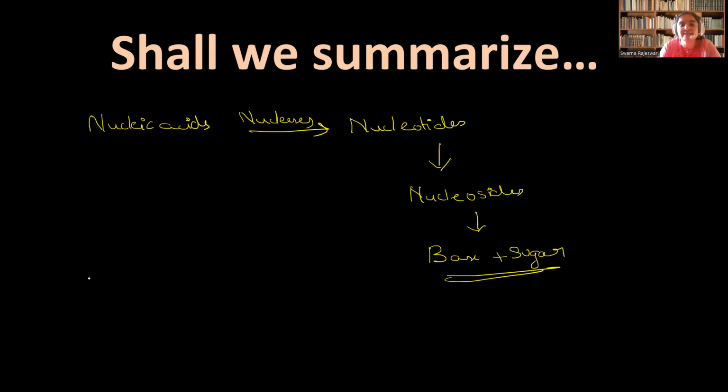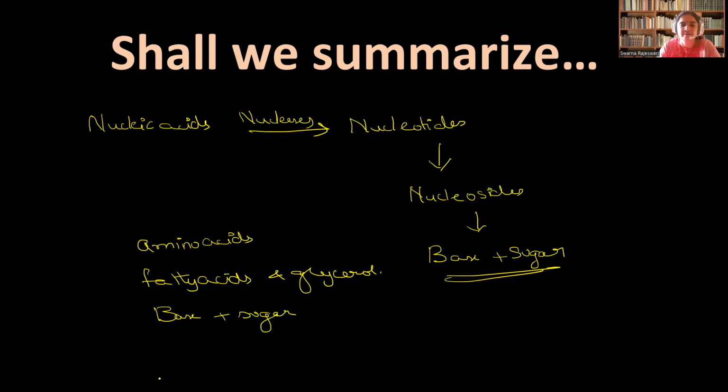So at last, what are the end products of digestion? They are amino acids for proteins, fatty acids and glycerol for fats, base and sugar for nucleic acids, and for carbohydrate digestion, it is monosaccharides like glucose, fructose, and galactose.